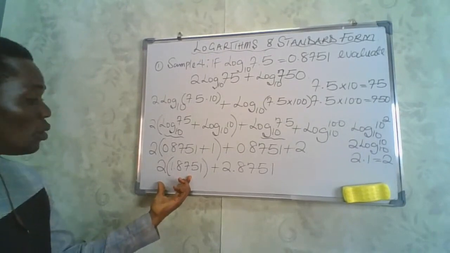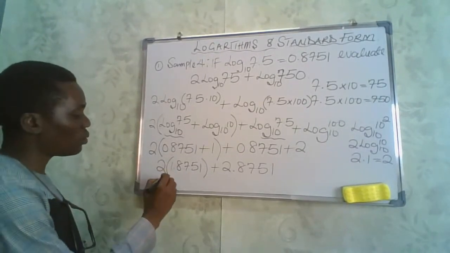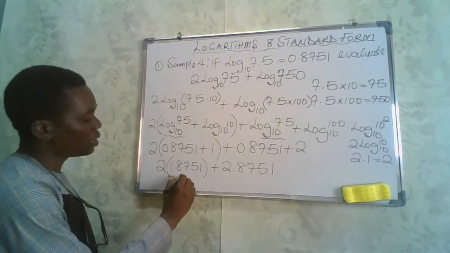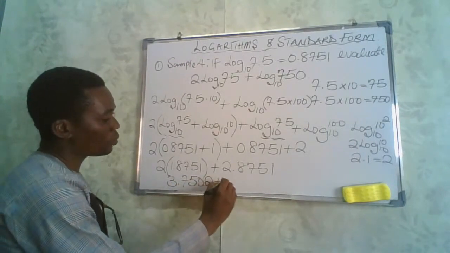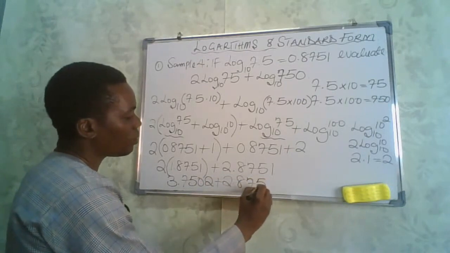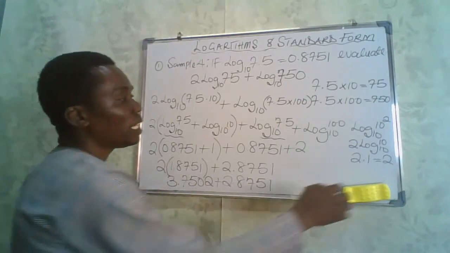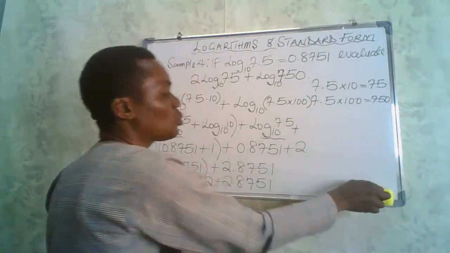I want someone to multiply this. If we multiply that, we're going to have that to now give us 3.7502 plus 2.8751. So if you add these two, we definitely have a solution to that question that's given to us.